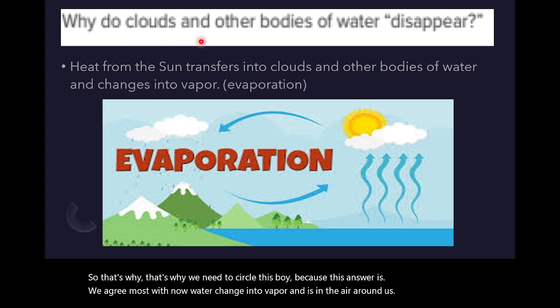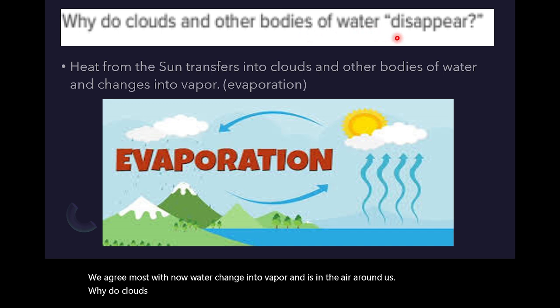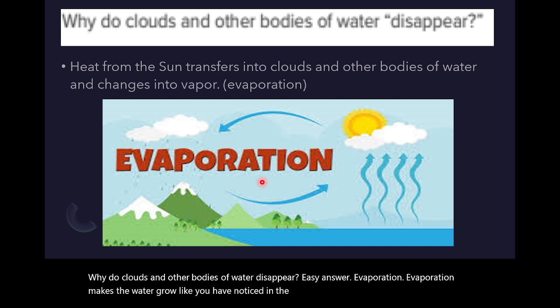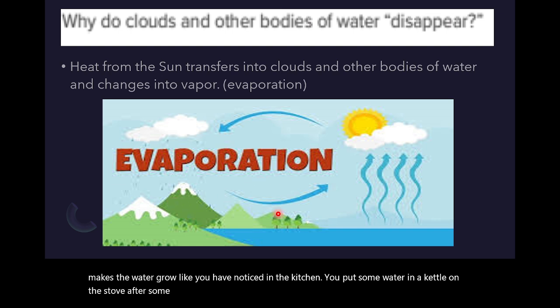Why do clouds and other bodies of water disappear? Easy answer, evaporation. Evaporation makes the water go. Like you have noticed in the kitchen, you put some water in a kettle on the stove. After some time, you see the water becomes vapor.